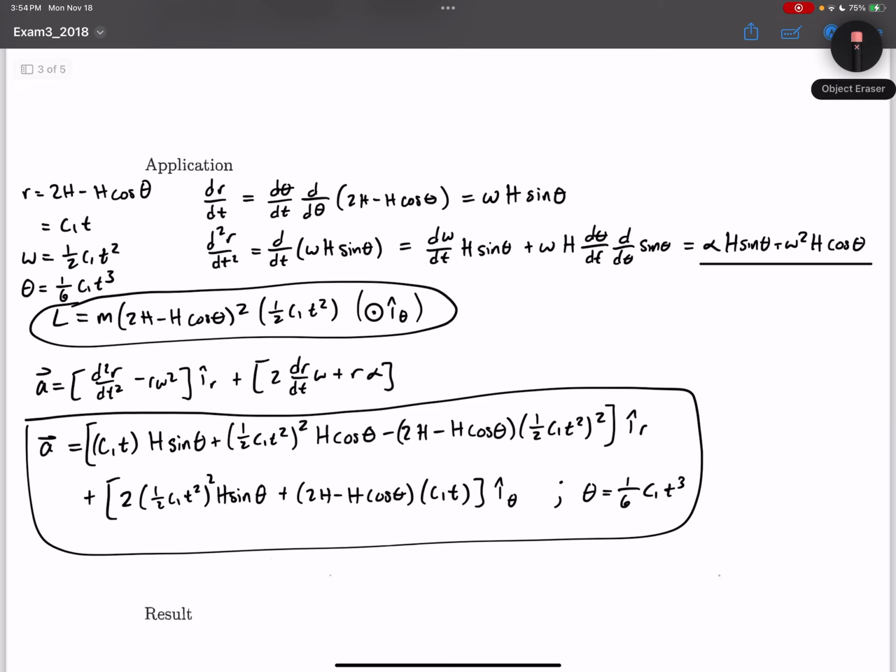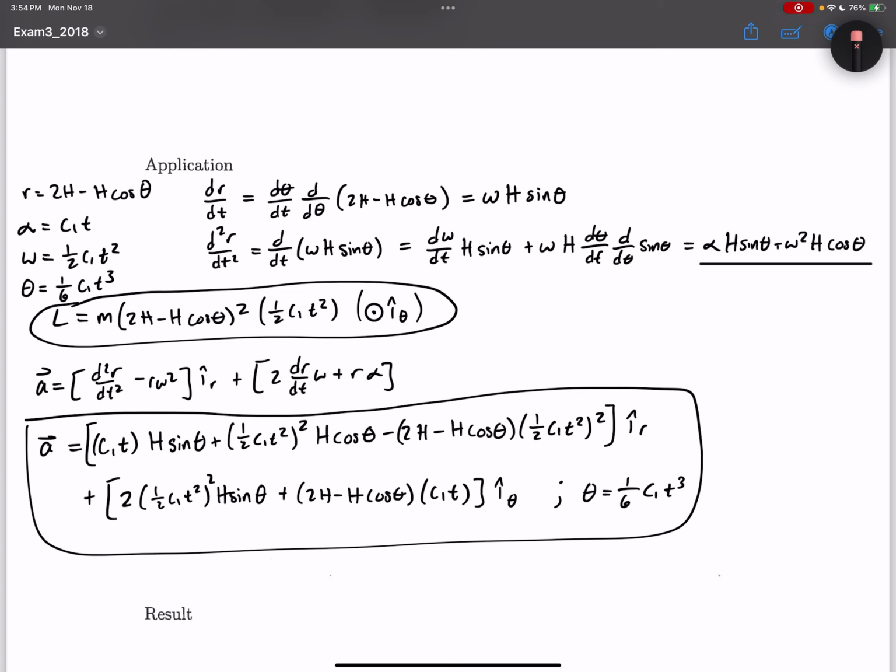But we also know omega is in terms of t, so we can take a time derivative of that. And so we take a time derivative of omega times h sine theta, because product rule is the derivative of the first times the second, plus the derivative of the second times the first. And so we had the derivative of omega times h sine theta plus omega times the derivative of sine.